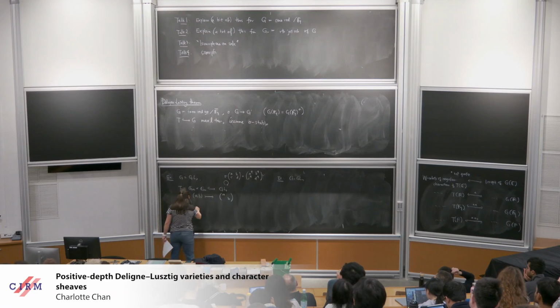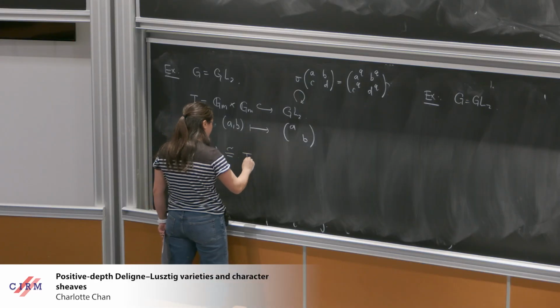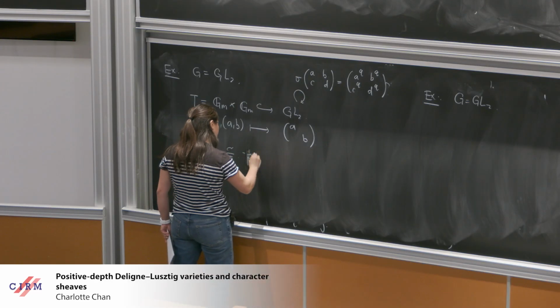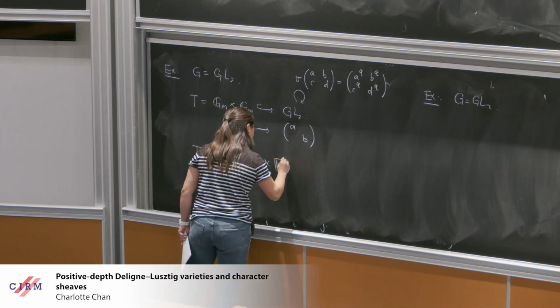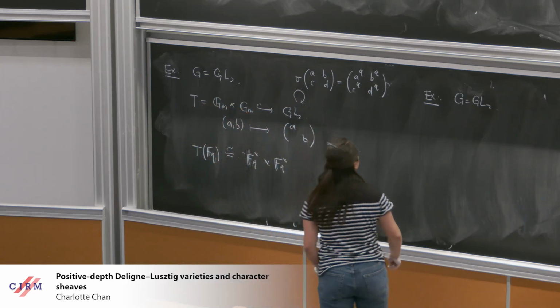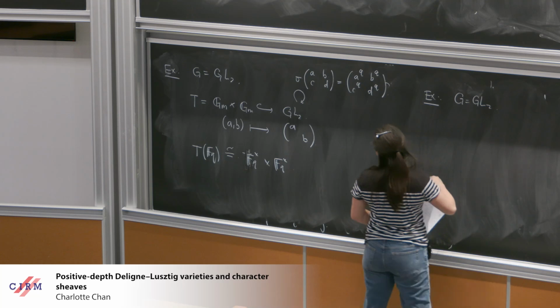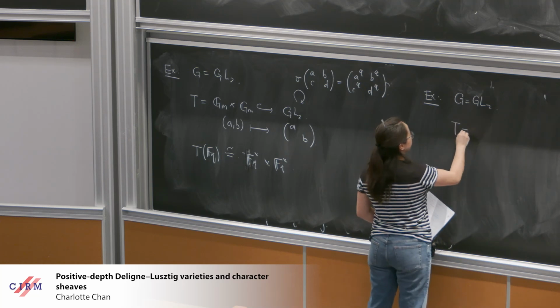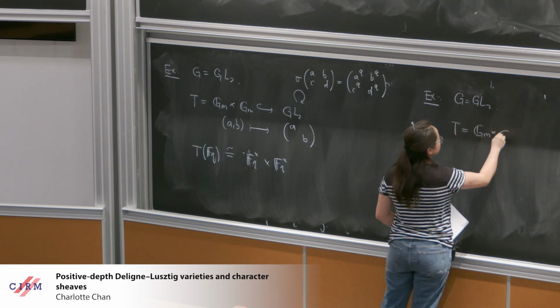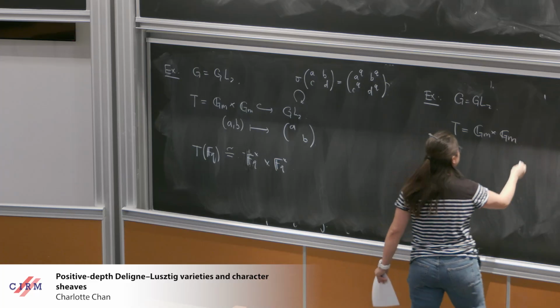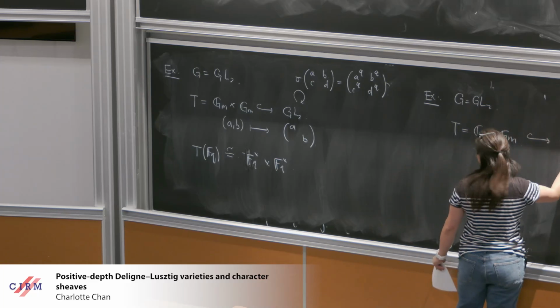This is very easy. This is just isomorphic to F_q star times F_q star. So I again take G equal to GL2, and I again take T to be G_m. There's no choice, it's always isomorphic to G_m times G_m. And actually, I'll take the embedding to be the same as well.